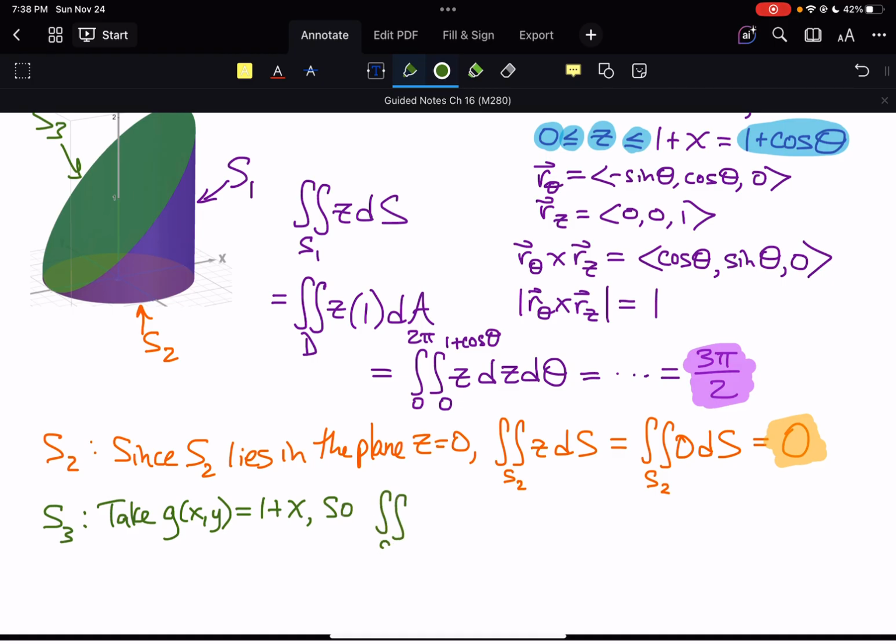So our surface integral over S3 of z dS equals the double integral over D of 1 plus x, because I subbed out z for that formula, times the square root of 1 plus the partial of this with respect to x squared, so that's just 1, and then plus the partial of this with respect to y, which is 0, squared is 0, dA.